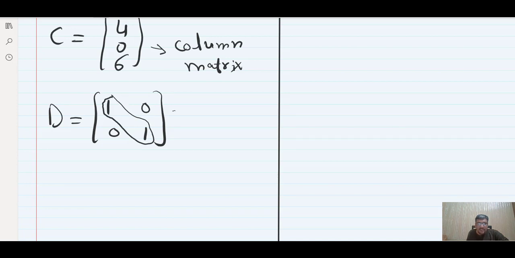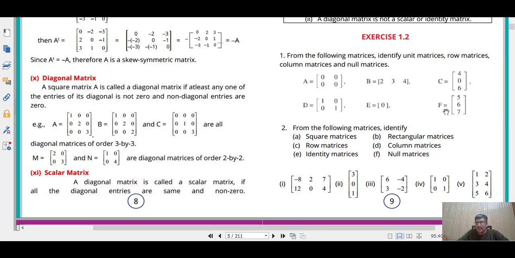So it is known as identity matrix, or unit matrix. So in the same way, you have to solve E part, F part, and I am leaving it on you so that you can do practice of some unsolved questions.